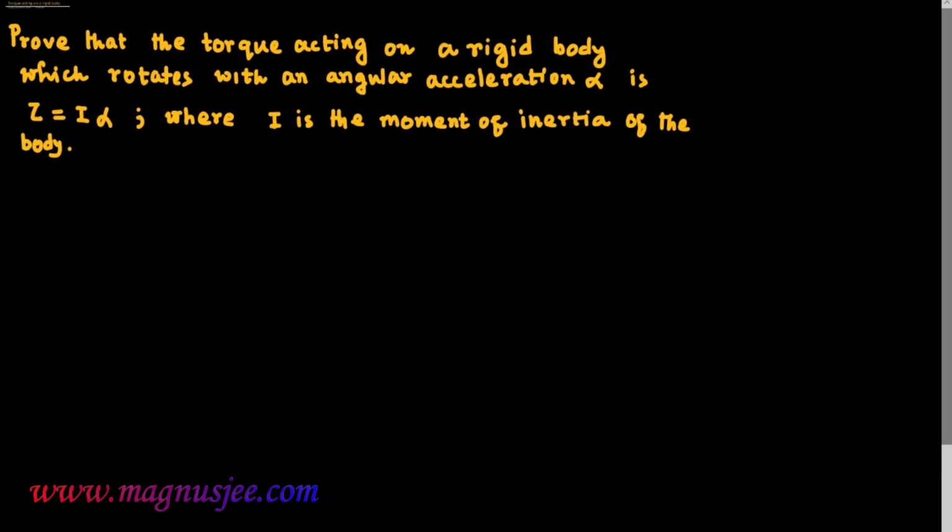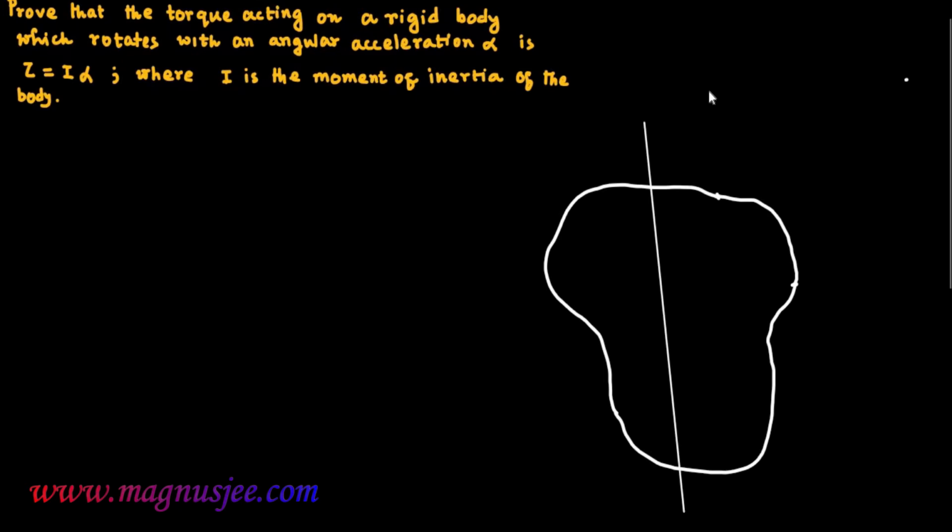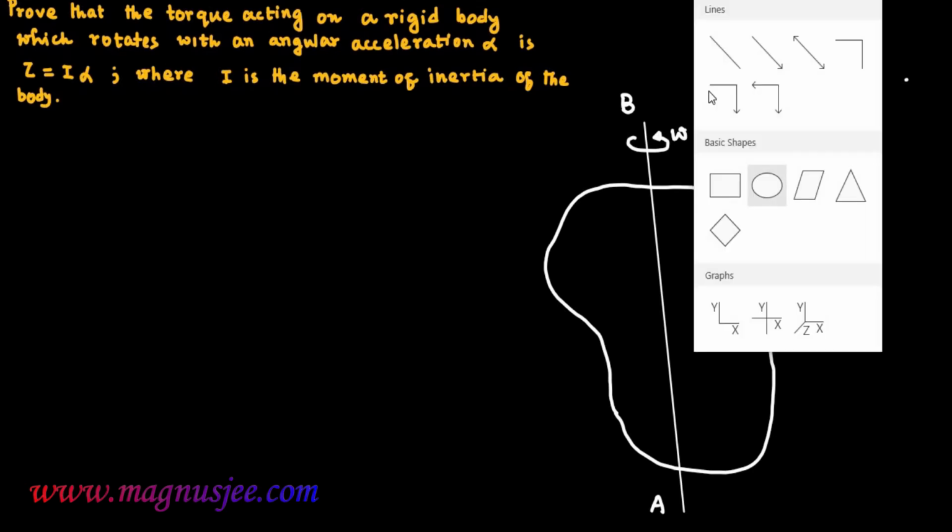Prove that the torque acting on a rigid body which rotates with an angular acceleration alpha is tau equal I alpha, where I is the moment of inertia. In the diagram, this is a rigid body of mass capital M which rotates about the axis AB.